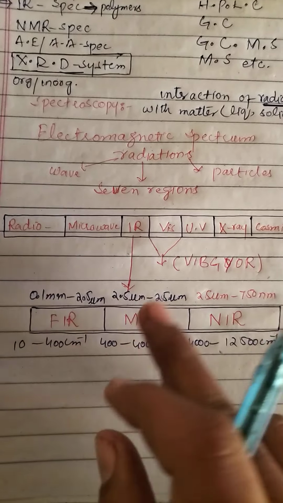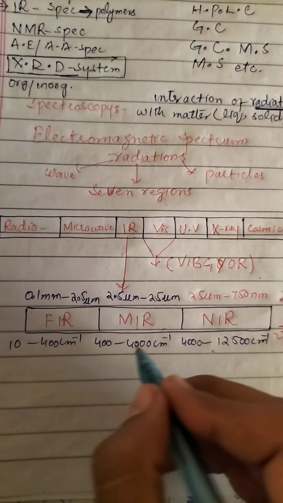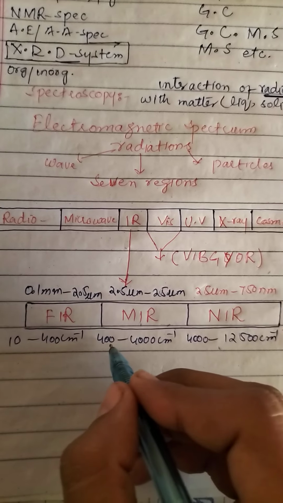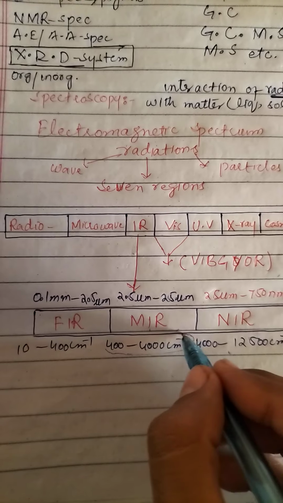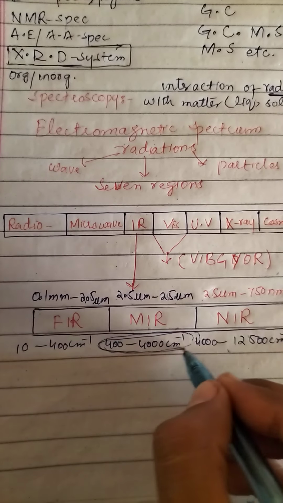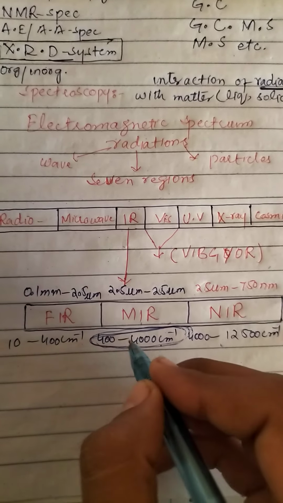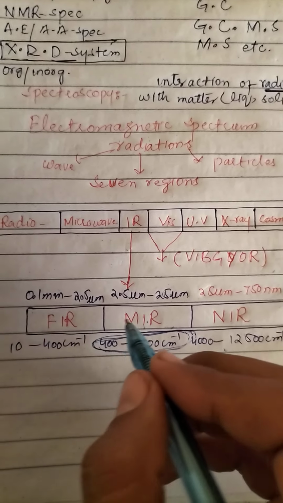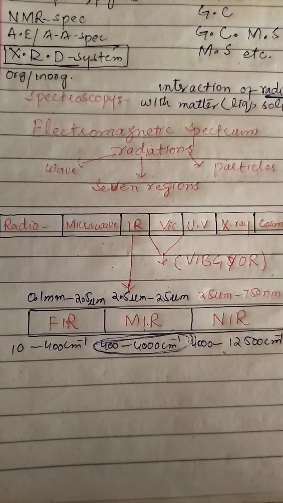This is all about the IR radiation. Mostly the IR radiations that interact with matter to elucidate the structure of the compound or substance are the mid IR radiations, 400 to 4,000 per centimeter.